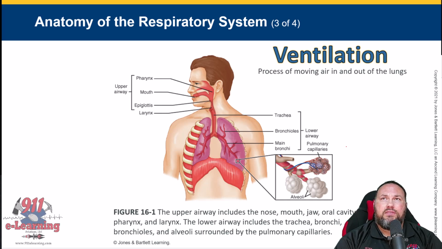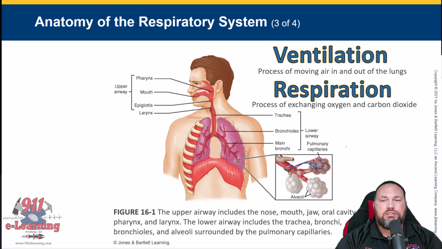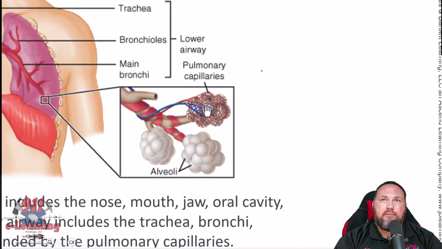Ventilation is the process of moving air in and out of the lungs. That is different from respiration, which is the process of exchanging oxygen and carbon dioxide. Respiration happens right here at the cellular level.